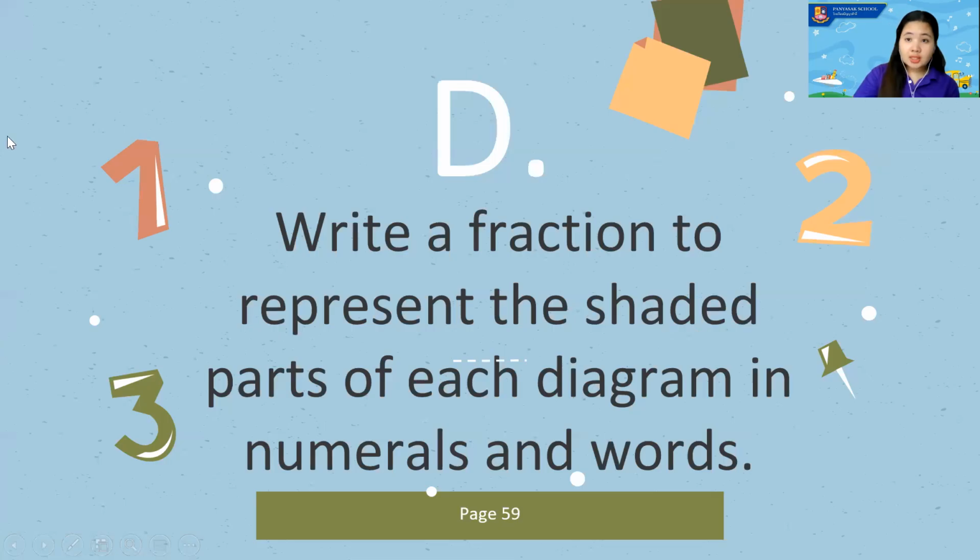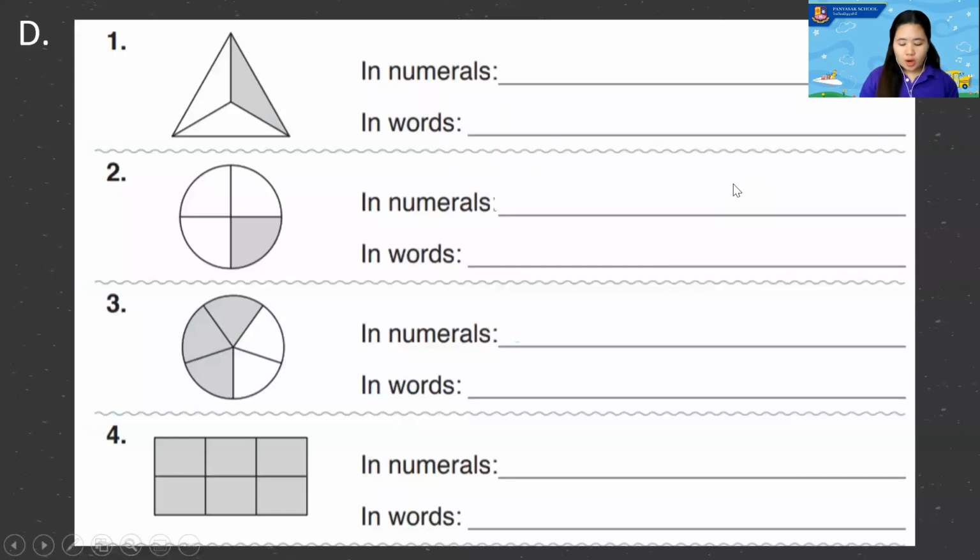In letter D, you have to write a fraction to represent the shaded parts of each diagram in numerals and in words. So there is a given diagram and we have to answer in numbers and in words, two answers for each diagram. Okay, let's start with number 1.